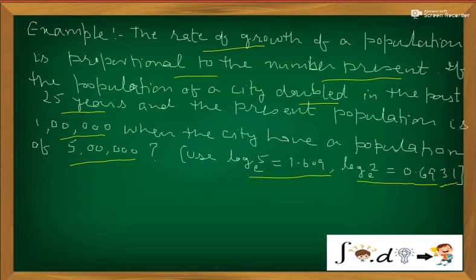And now here the rate of growth of population is proportional to the number present.